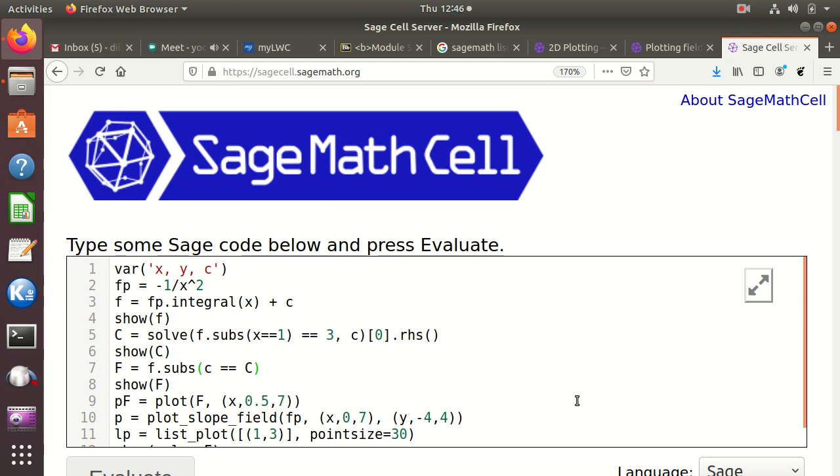Okay. So this problem, it wanted us to look at a derivative of -1 over x squared. I won't write it down up here since I don't want to go back and forth. Okay, so you can see I put f prime equals -1 over x squared. And we were supposed to find the antiderivative.